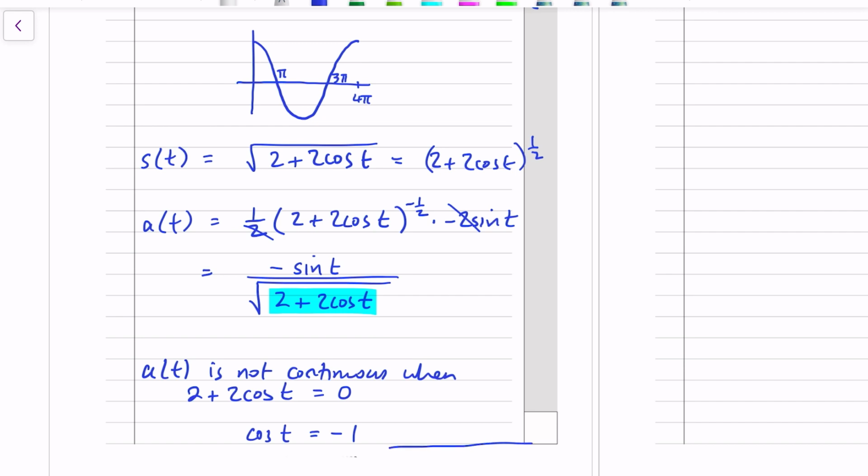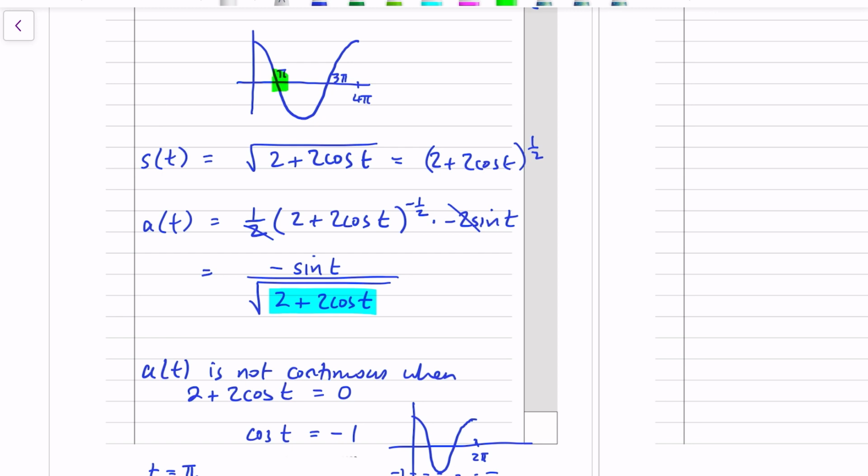Again, think about what the cosine graph looks like. This time it doesn't have a 2t in there, or a half t, so it's going to 2 pi. Negative 1 is here, and that's at pi. So when t is equal to pi, which is the discontinuity we had before, at this point here where the speed function went from positive to negative, and then the absolute value symbols kicked in.